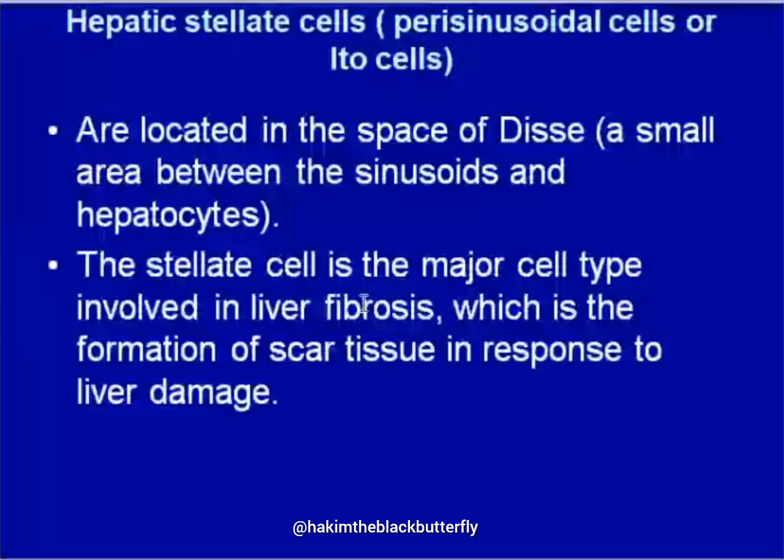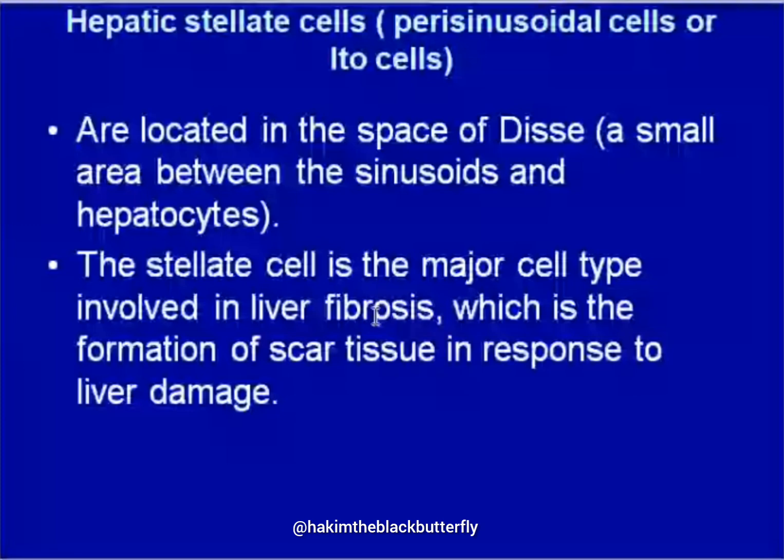And fibrosis is a process of healing, because when a scar is formed, that is healing. But the danger in that is that you have lost liver cells, therefore you have diminished the function of your liver, and this scar tissue can block the blood vessels, especially the branches of the portal vein.